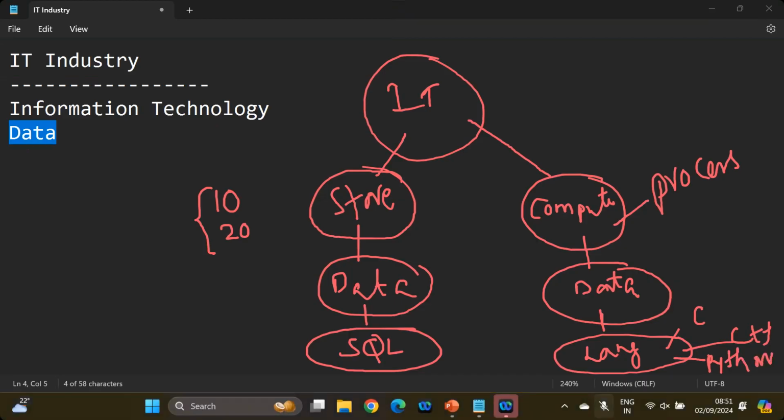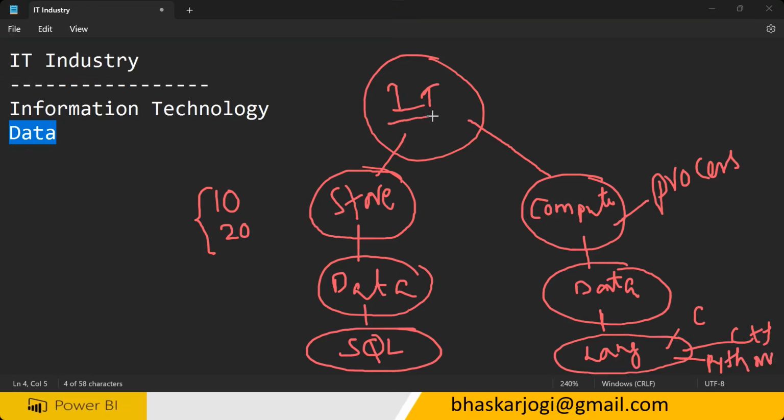Clear? So the computer industry, the software industry, is going to be doing only two things: storing the data and processing the data. For storing the data, the IT industry is going to be using a software or technology called SQL technology.